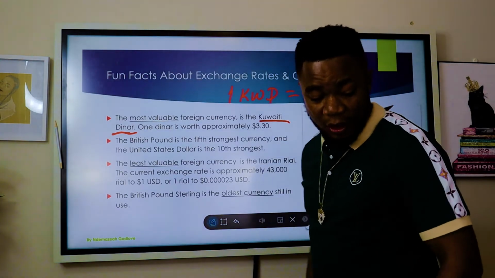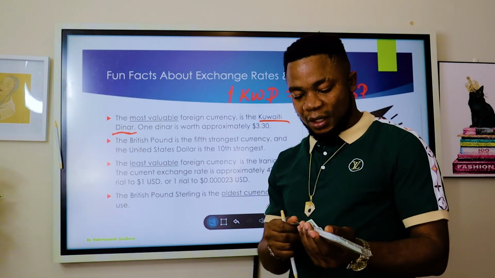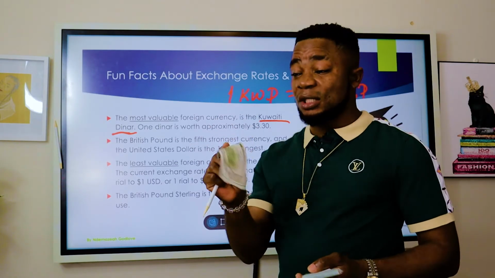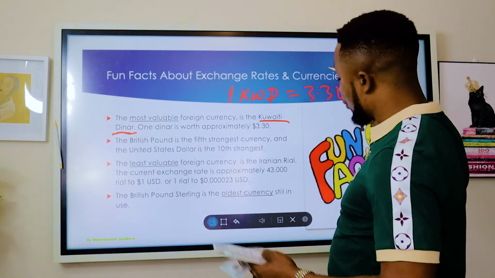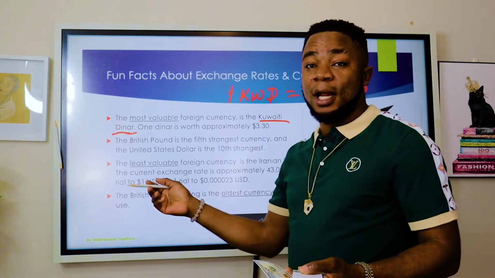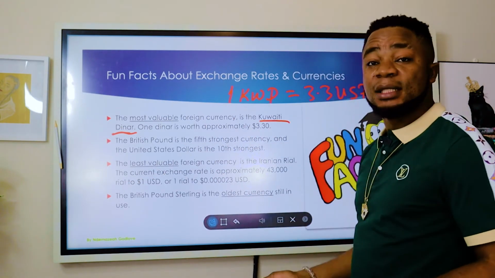I have here only $100, so let's just say if you want $100 of this, that means $100 United States dollars will be about 30 Kuwaiti dinar, since one Kuwaiti dinar is about 3.3 United States dollars.